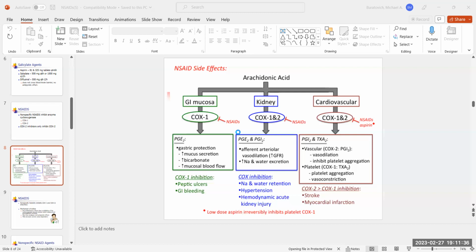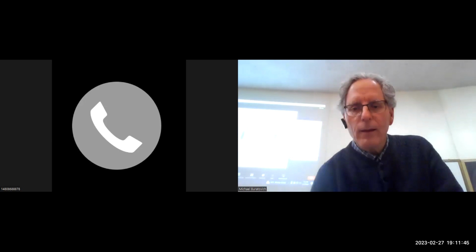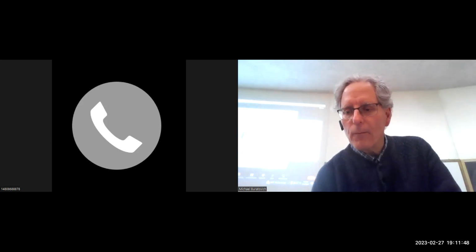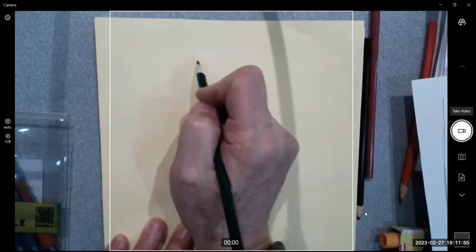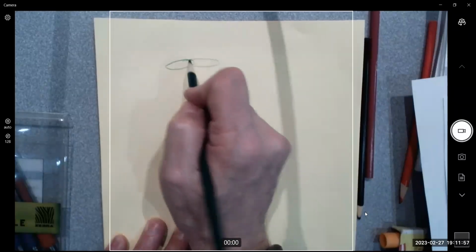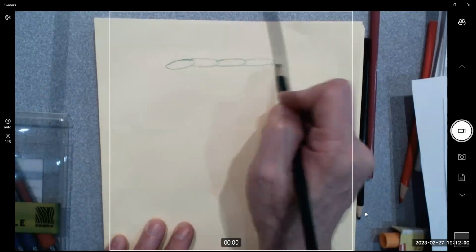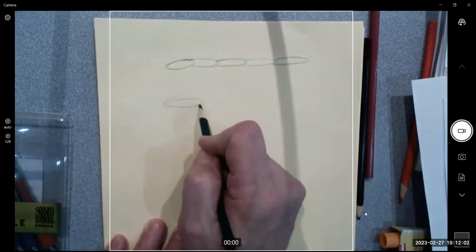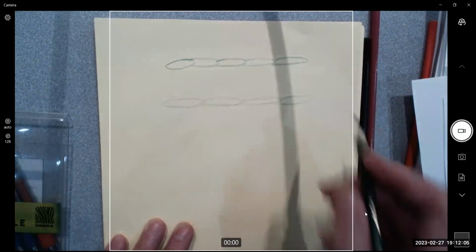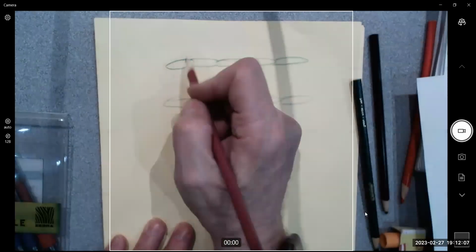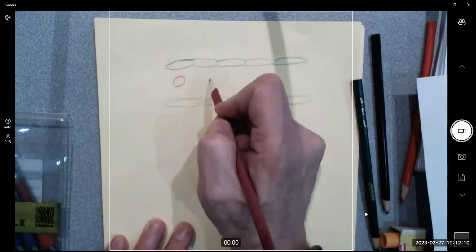Now, here's what happens when you take aspirin. Here are your endothelial cells that line the blood vessel. And here are your platelets. They're not activated yet, so they're still round.